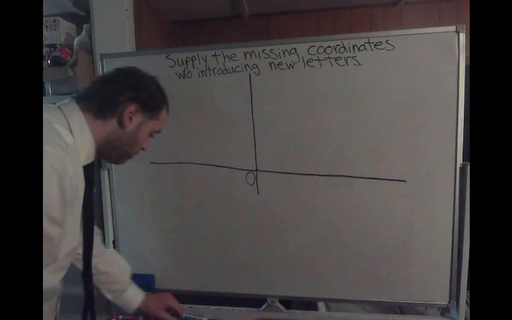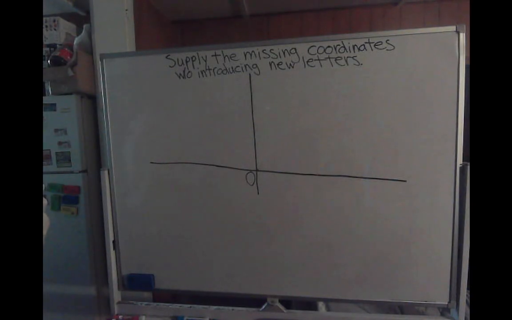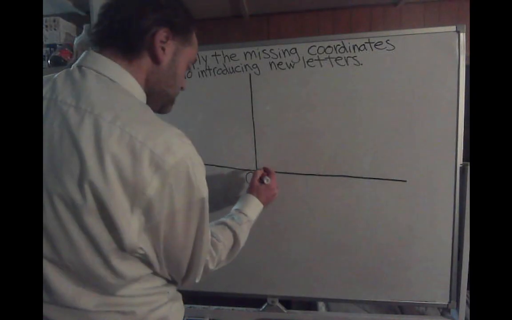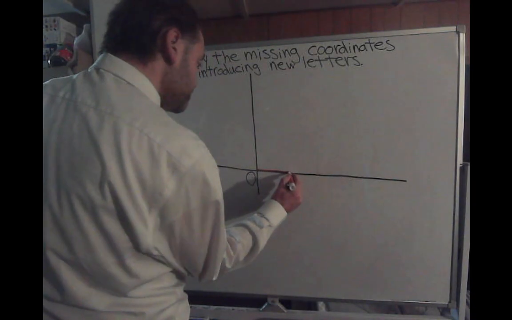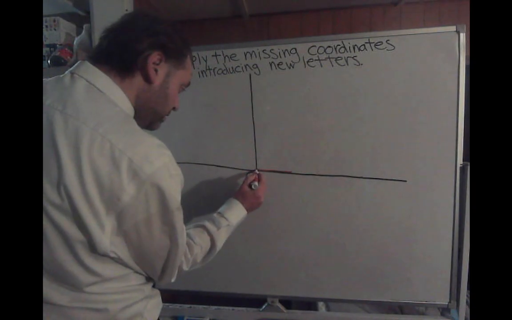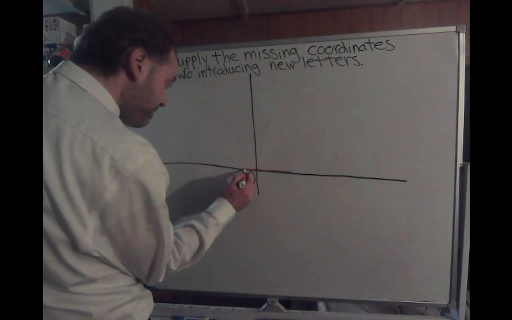Now, what is the next one? Good one, we have a square. I'm going to draw a little in red here along the axis.